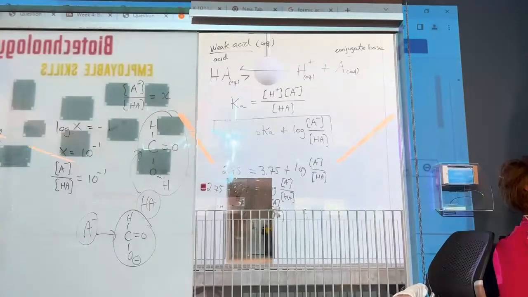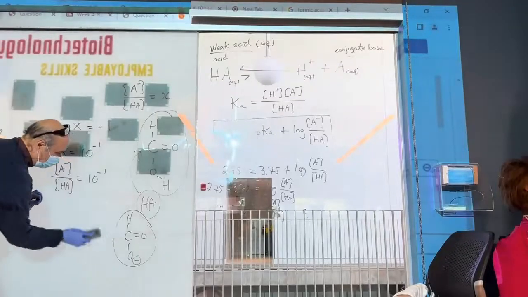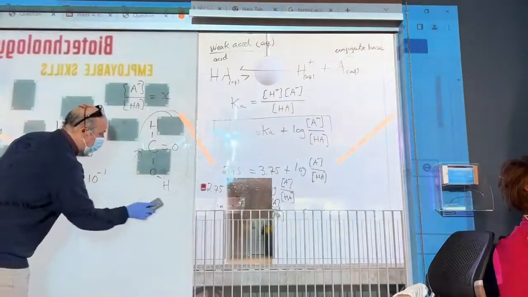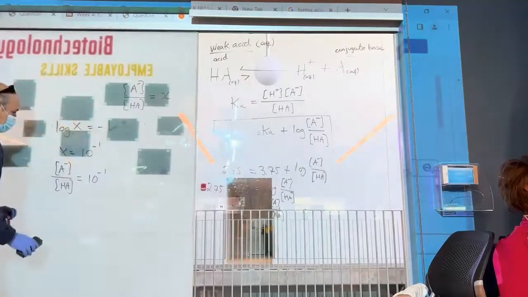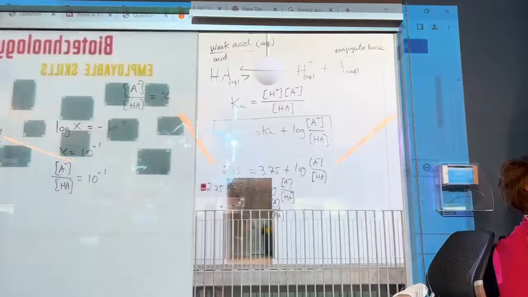Please bear with me. We need to do the following. We know that the ratio of A minus to HA at a pH of 2.75 is 10 to the negative 1.